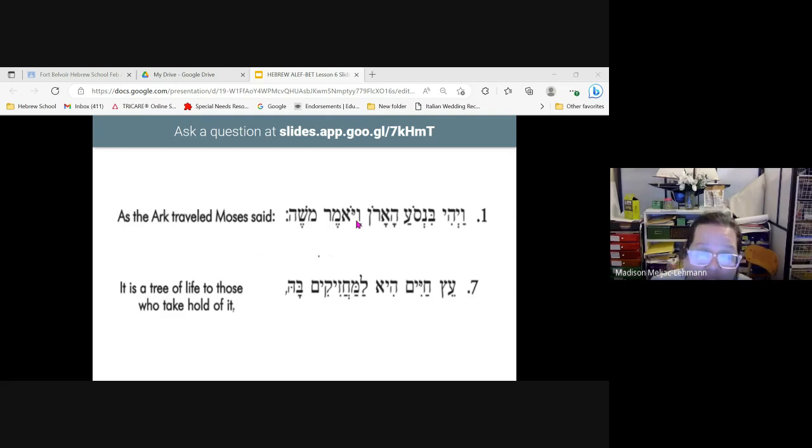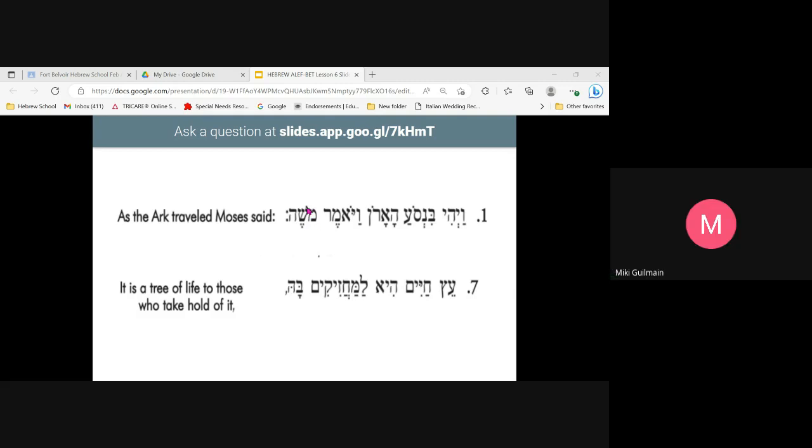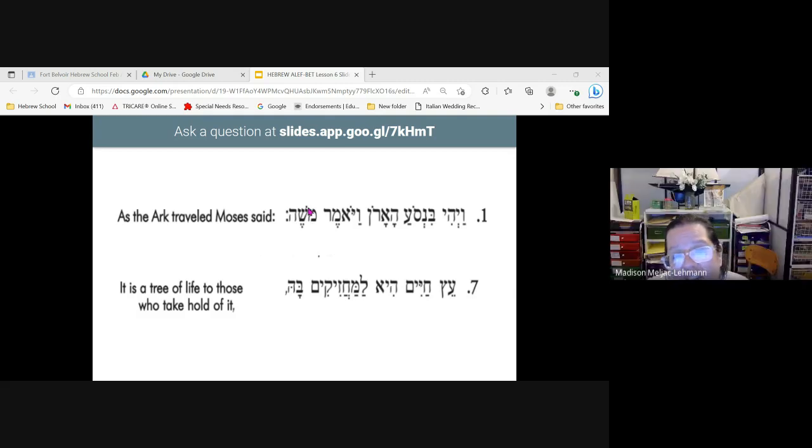Now I want to show you one important thing, and we will learn this later on. We have the ma, right? Sometimes when you have a shin and an O together, they share the vowel. So in order to get Moshe, you actually have to share the vowel with the O. Do you see what I'm saying?